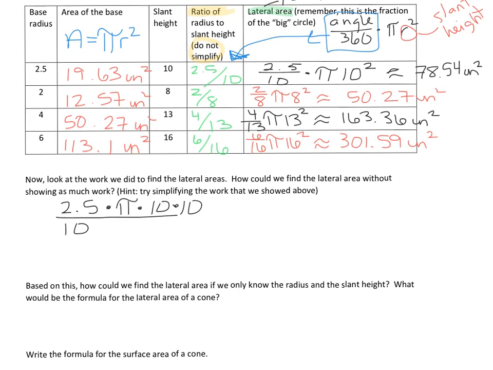So now I want you to take a look at this and go ahead and pause the video when I'm done explaining. Is there any way that I can simplify this without actually doing any math, right? How can I make this look a lot simpler? And I don't want you just to go back to what we had up here. Is there something mathematically that can happen here to simplify that expression? Pause and think about that. Maybe talk to your neighbors about that. See what you can come up with.